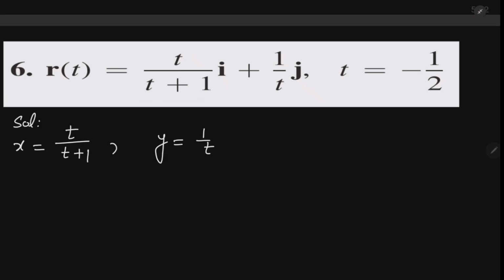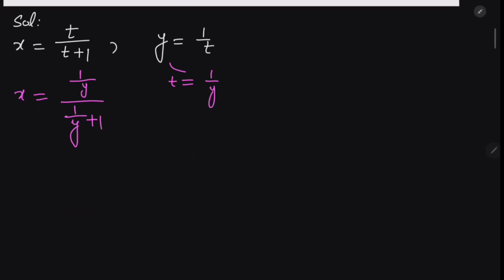So what we need to do is we need to eliminate t to get the equation in Cartesian form. So from y, t is equal to 1 over y. Try to eliminate the value for t by some methodology.